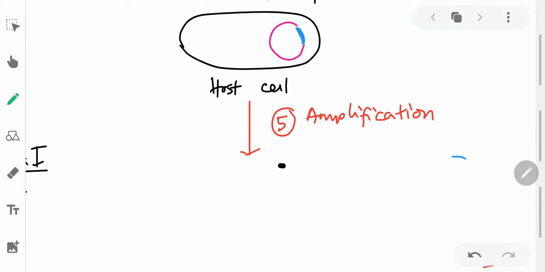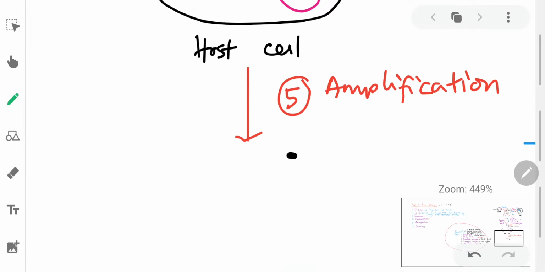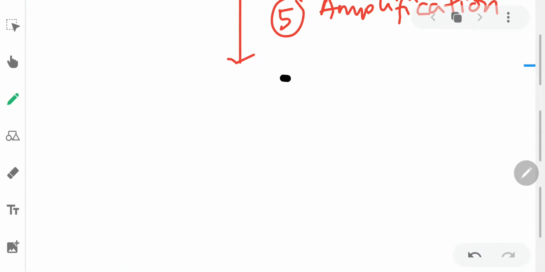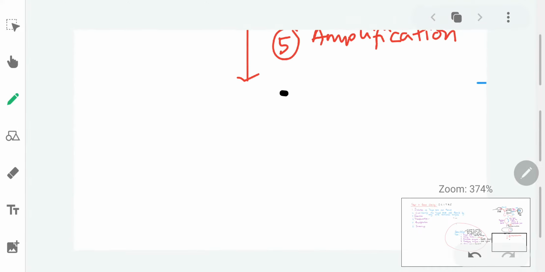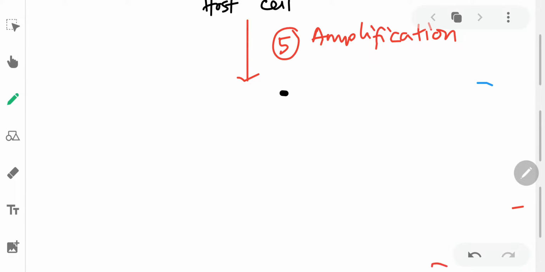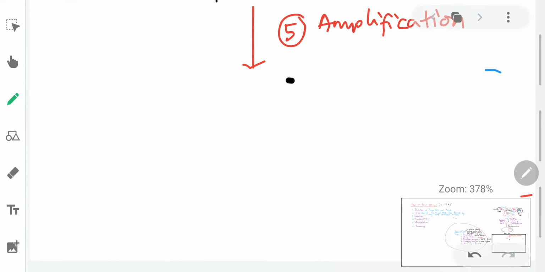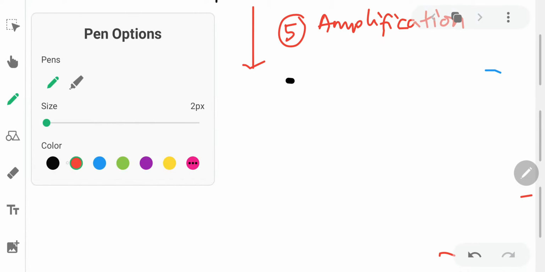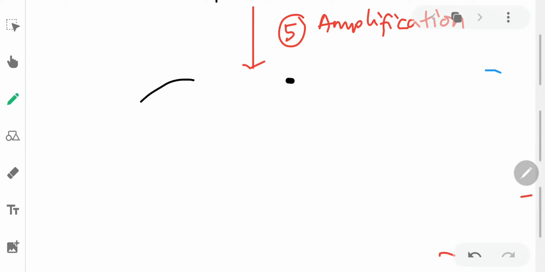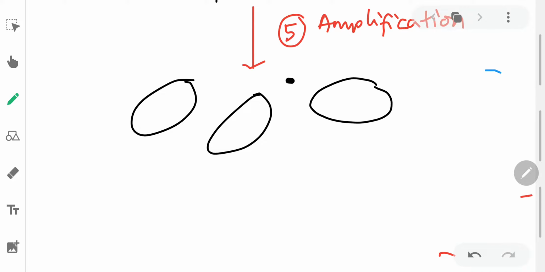So, how to amplify this bacterial cell? In the lab, we culture the bacteria, growing the bacteria in a medium. So daripada satu bakteria dia akan jadi banyak bakteria. Inilah kita panggil amplification.